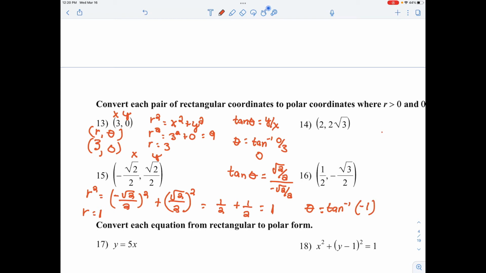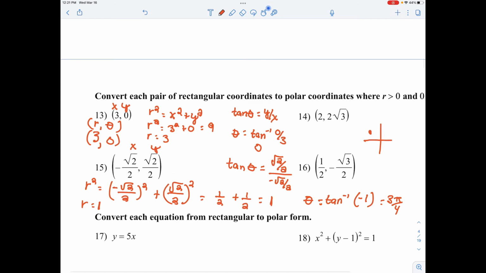Well, my x value is negative and my y value is positive, so that tells me that that's in the second quadrant. So tan inverse of 1 in the second quadrant is one of my pi's over 4, so that would be 3 pi over 4. So r would be 1 and theta would be 3 pi over 4. And that would be the polar coordinate.